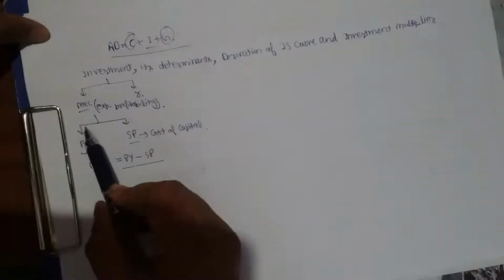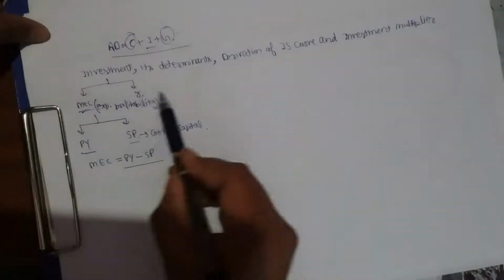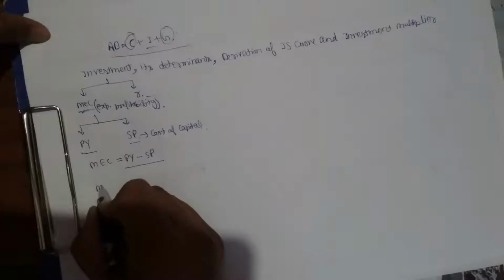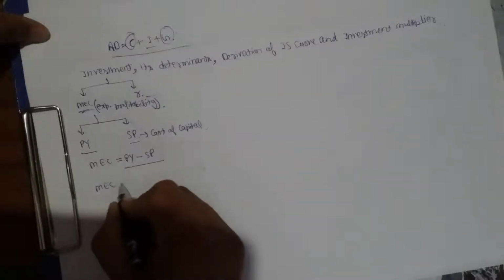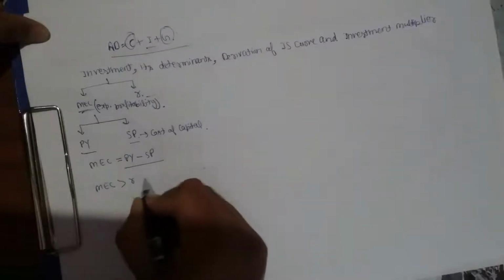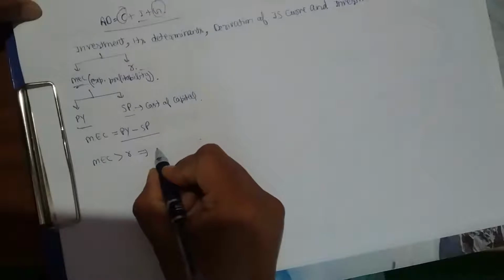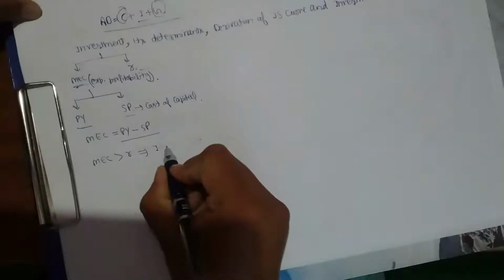Investors compare the marginal efficiency of capital and the rate of interest to decide whether to invest. If marginal efficiency of capital is greater than the rate of interest, then investment will be made.